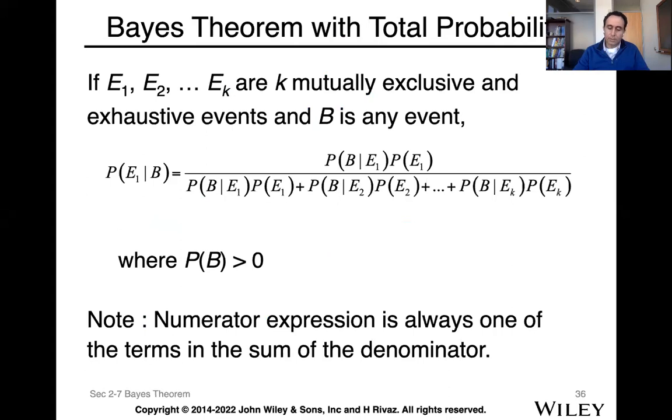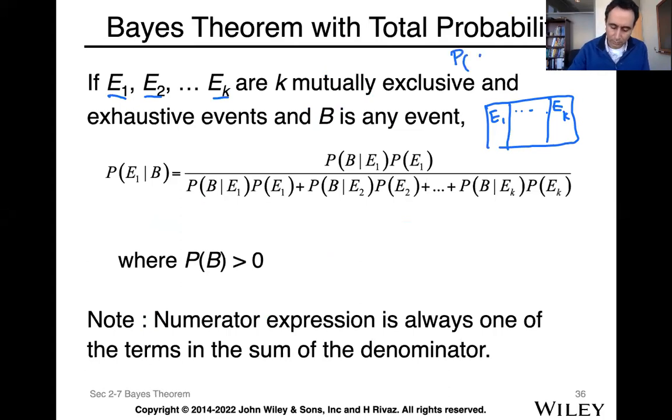So Bayes theorem also applies to multiple events, right? So if I have K mutually exclusive and exhaustive events, mutually exclusive means that no two of them have any intersection. Exhaustive means that if I have my sample set, E1, E2, all the way to EK, cover the entire sample set, right?